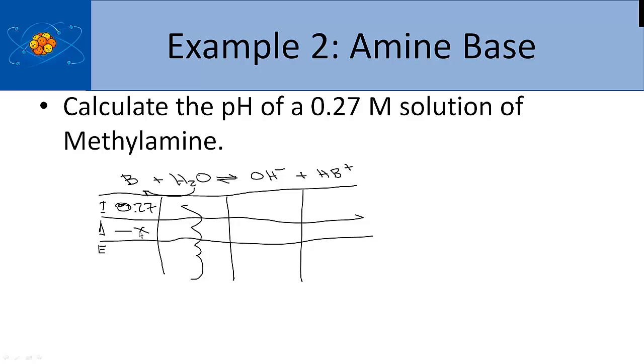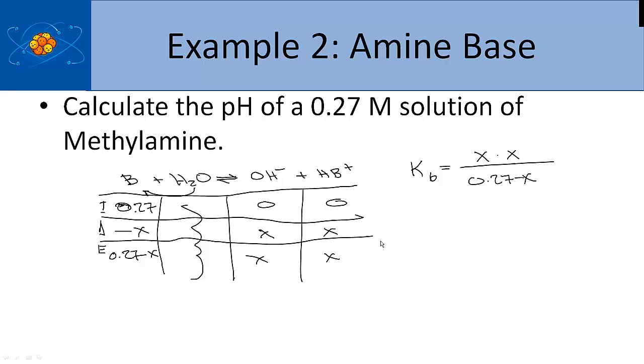This will be minus x and 0.27 minus x. These will start off as 0, and so they'll both change to x, and so I have x and x. And you'll notice the form of this reaction is exactly the same as the previous example. We know that Kb is going to be equal to x times x over 0.27 minus x.